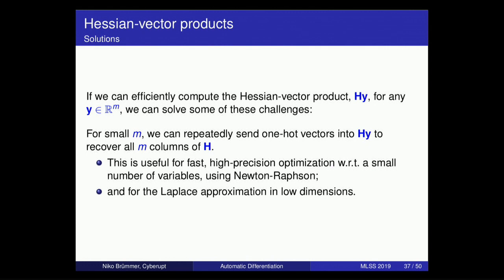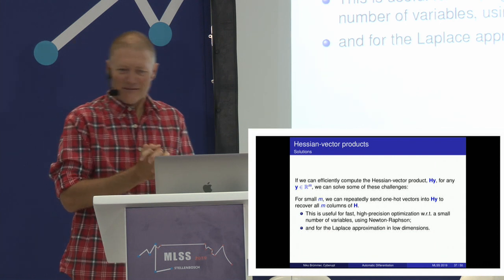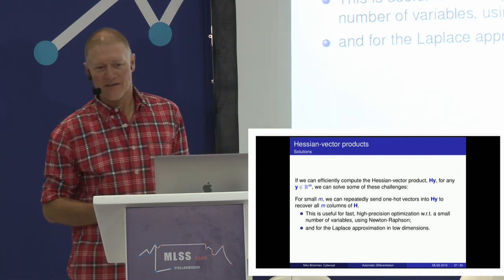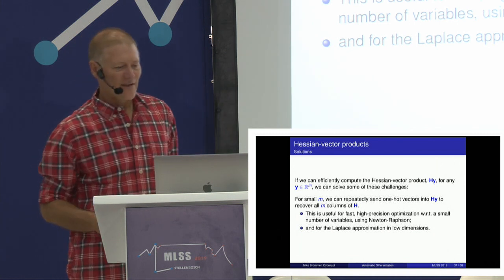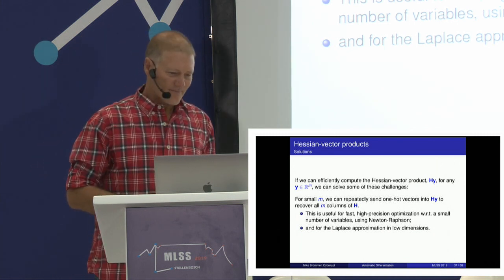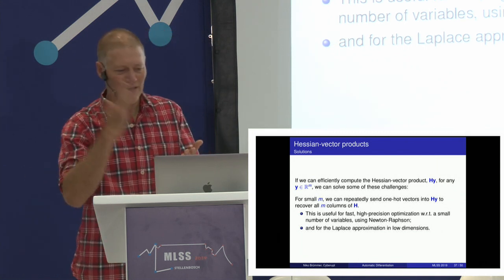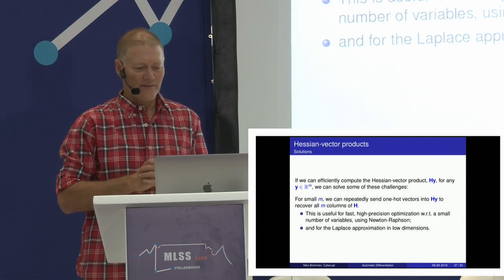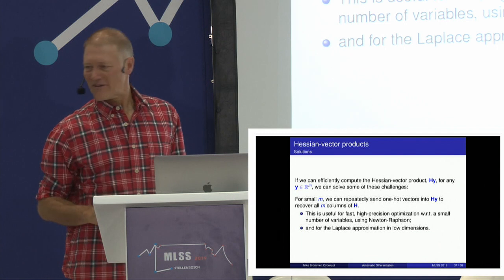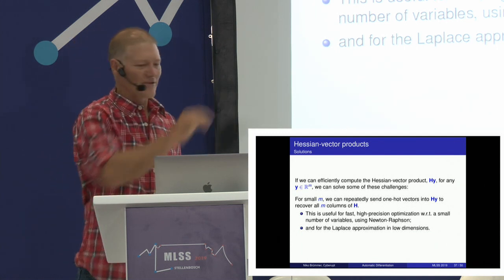If m is small, then not a typical machine learning, deep learning type of thing, but if you've got a small probabilistic model and you want to be Bayesian, or even if you're optimizing the parameters of a model and you want to optimize them exactly with a high precision optimization, then you can use this trust region method with Newton directions.